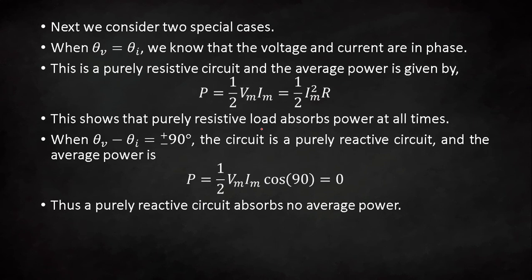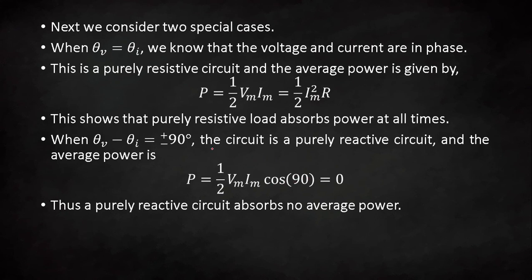Now in case of an inductive circuit or capacitive circuit, the values of theta v and theta I are no more equal. That is why the value of theta v minus theta I will be plus or minus 90. Put the value of 90 into the previous equation. In that case, cos 90 will always be 0.